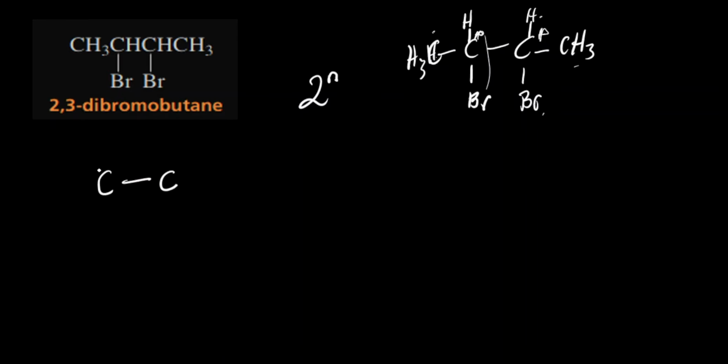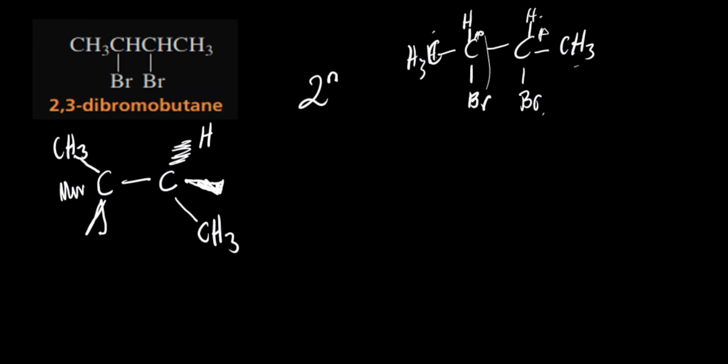Okay, let's take a look at this. So we have a configuration that looks like this. We're taking the staggered conformation, CH3, CH3. And then for ease, hydrogen would be attached to the hatch. Now this is methyl, this is a solid wedge rather, then we have a dash wedge, and then we have a solid wedge.